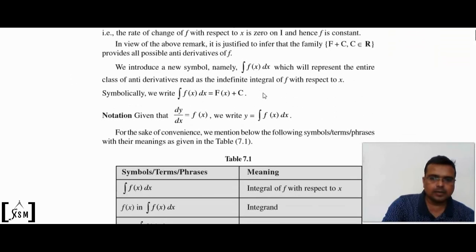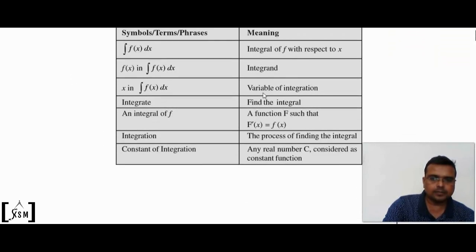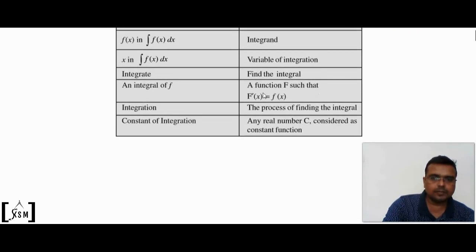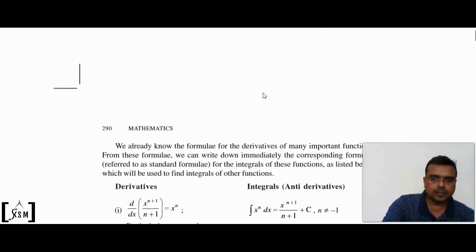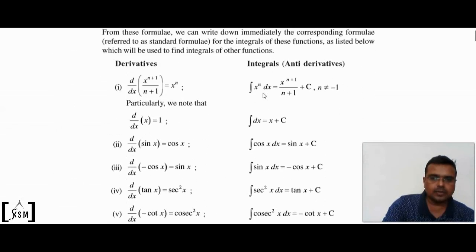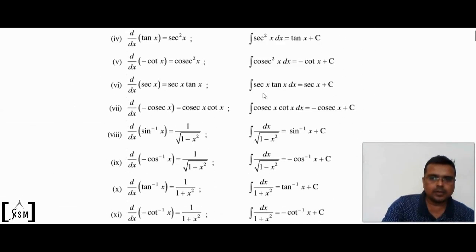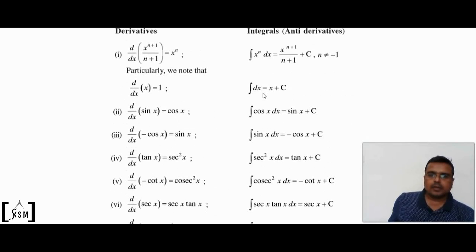Let's see some formula, as you can see, integral of x to the power n is x to the power n plus 1 over n plus 1. It means that if you have a variable x and it has some power n, you just increase the power and divide by that same number.